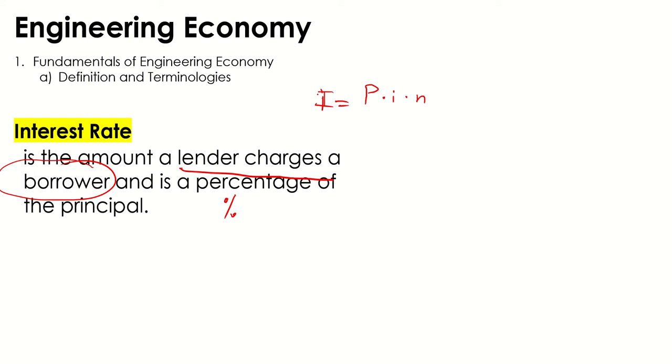This is the most basic formula. So that's interest rate. This is really the best definition: it is the amount a lender charges a borrower. So when you borrow something, the lender charges you a percentage of the principal.